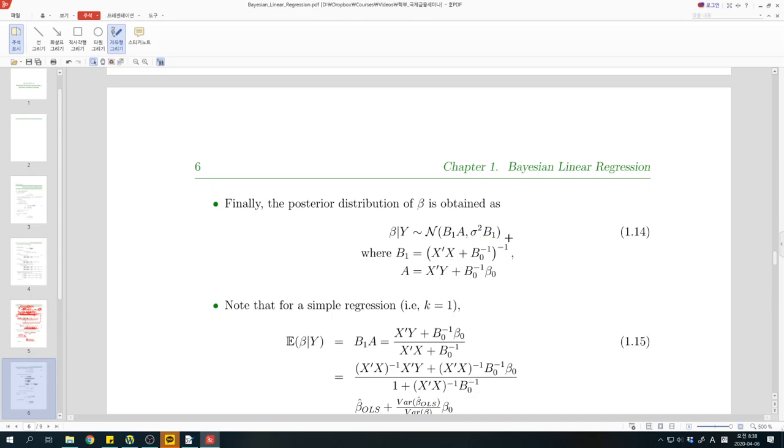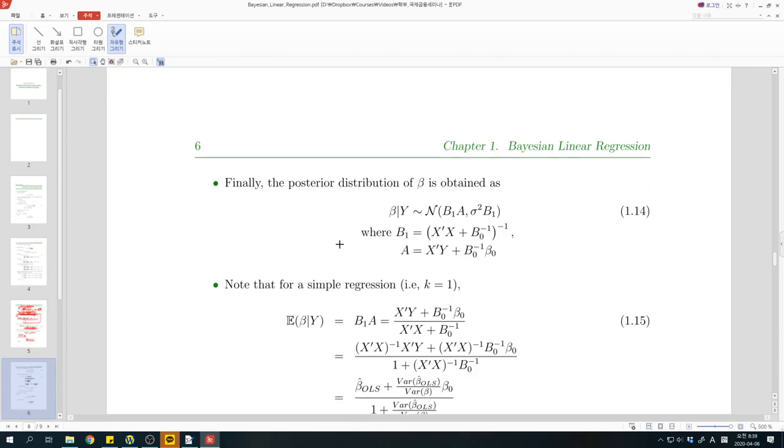This is how we estimate the mean and variance of beta from this Bayesian approach. In the next session, I'm going to explain this more intuitively, along with its implications. So this is just the mathematical derivation.